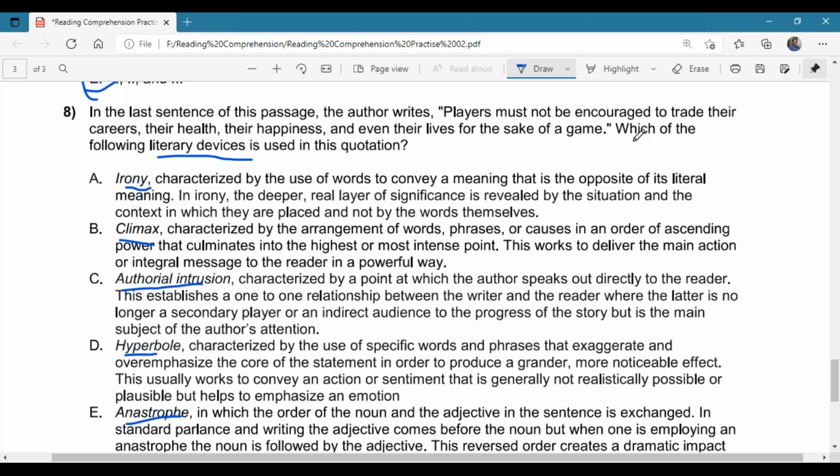Any guess? By looking at the sentence, what do you actually understand? What is the formation of the words? By looking at this particular line only, you need not read the passage at all. Which of the following literary devices is used in this quotation? What do you think is the right answer?